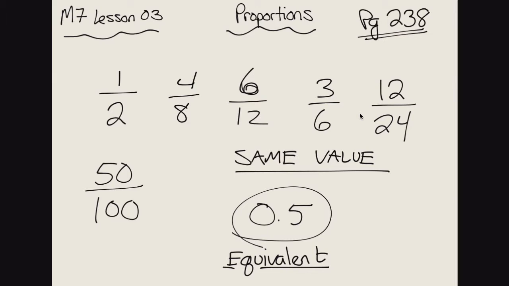Let's move on. A proportion, like a rate, is a comparison. So I'm going to start with that idea right there. Proportions are comparisons. And let me zoom in here a little bit.